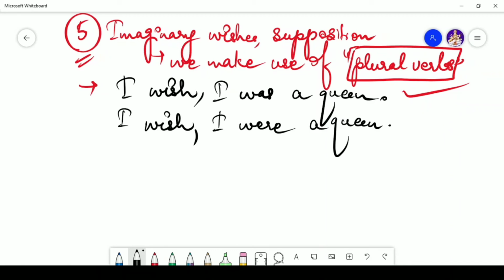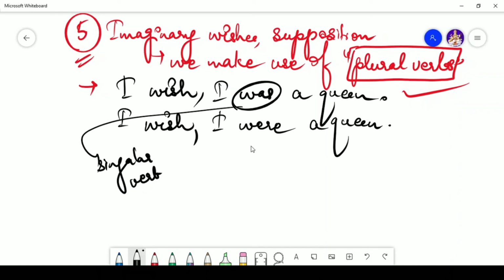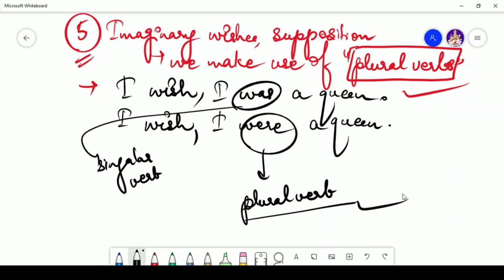So it won't be in the form of I was a queen. Was is a singular verb, while were is a plural verb. So in sentences where we make use of imaginary wishes or supposition, make sure that you're using plural verbs.